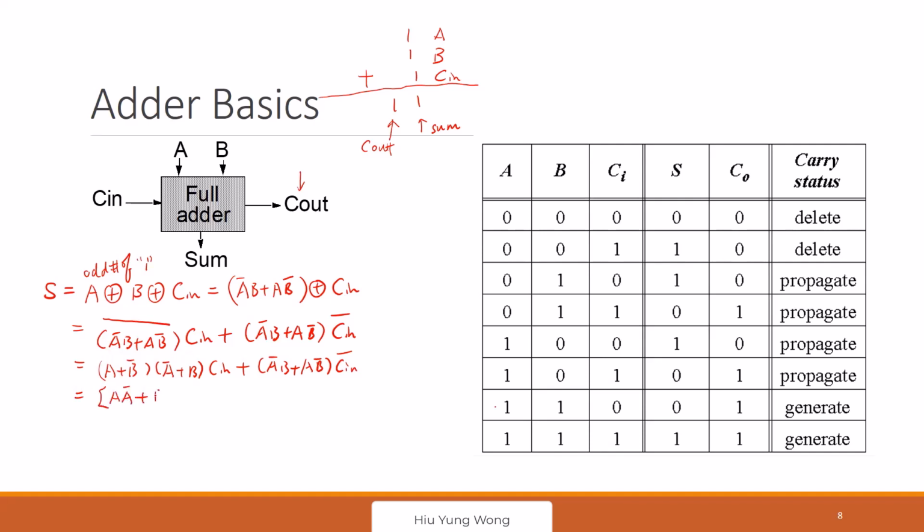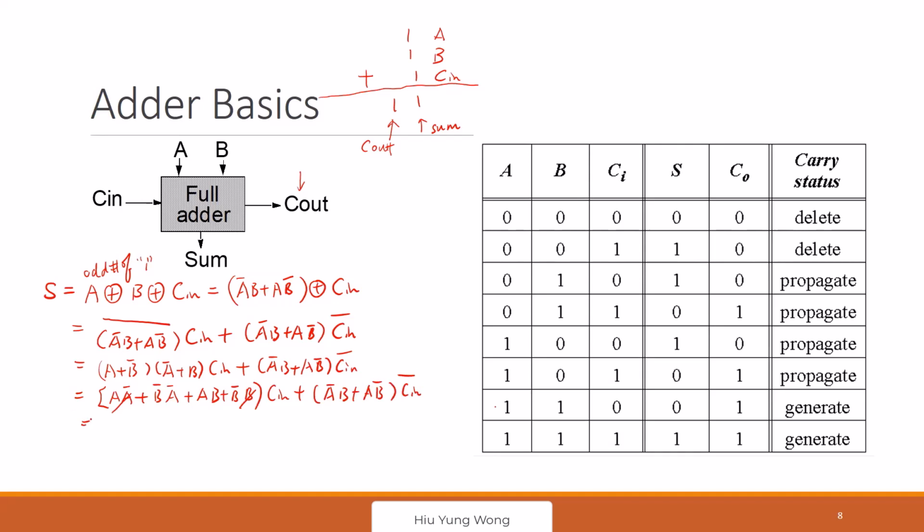What is A bar? Can someone tell me? 0. Very good. Because one of them must be 0, right? A bar and B bar. So this one too will be gone. Okay. And then we have this one. Right. I put lots of math, but I just want to practice one more time.